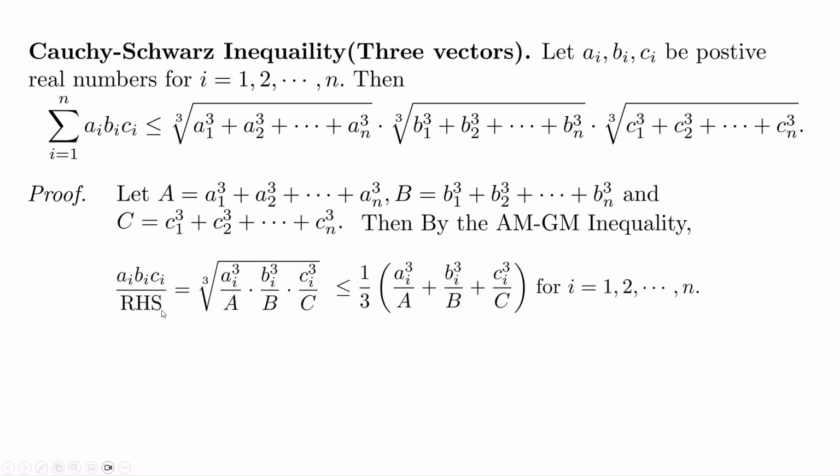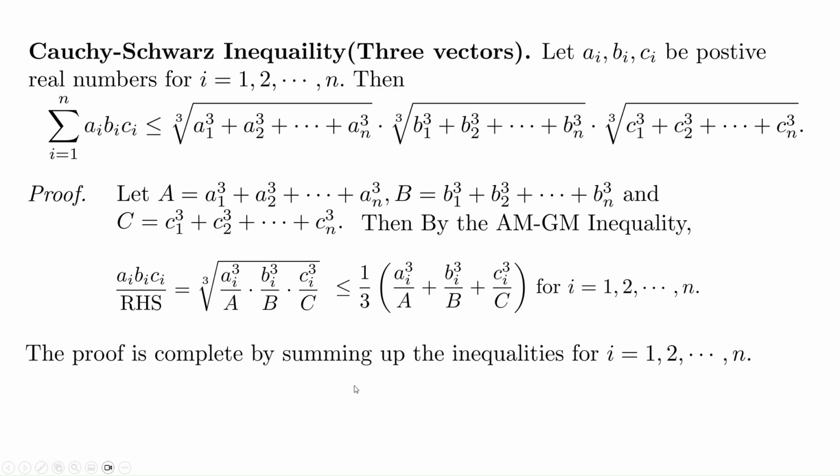Then each individual term on the left-hand side, aibici, divided by the whole right-hand side, can be expressed as the cubic root of ai cubed times bi cubed times ci cubed divided by ABC. This is just the geometric mean of three numbers. By the arithmetic-mean geometric-mean inequality, it is less than or equal to their arithmetic mean.